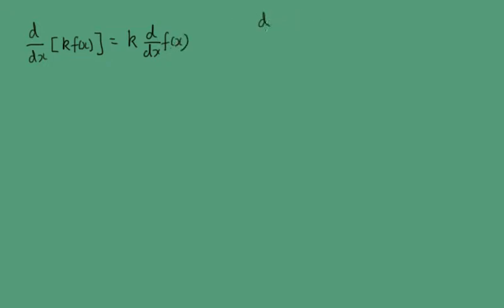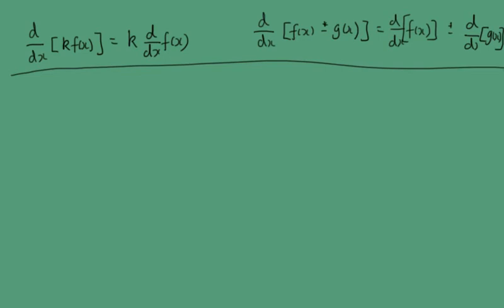And if we have d by dx for some function f of x plus or minus g of x, that's the same as saying the derivative of f of x plus or minus the derivative of g of x. And this will become clear when we do some examples.